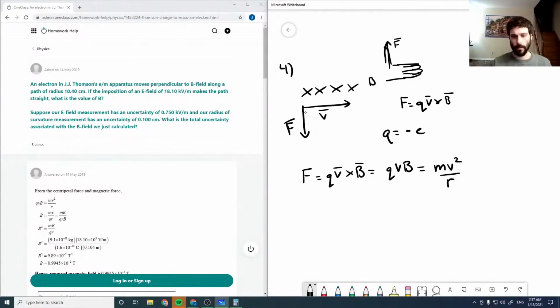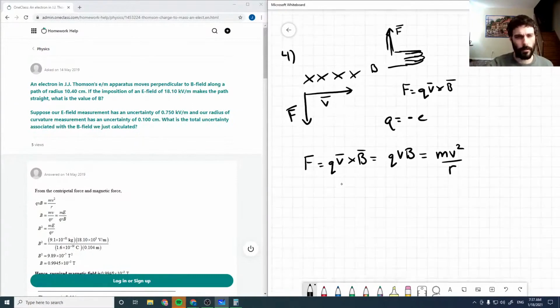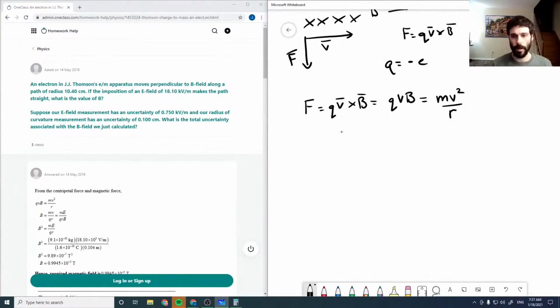And then we add an E field and it makes the path straight. So we've got it moving in some circular path, and then we add an E field, which, in retrospect, I'd have to make this way, which makes the path of the electron straight, as the B field is going to want to continue to make it go in a circular motion, but the E field is going to oppose it.